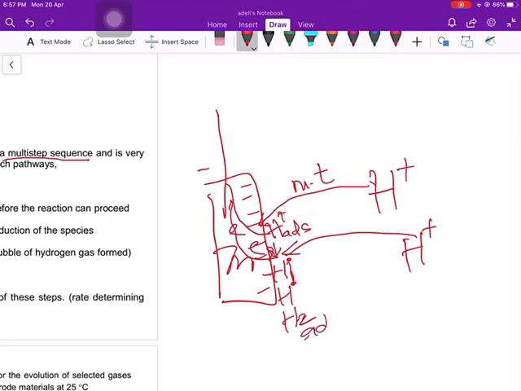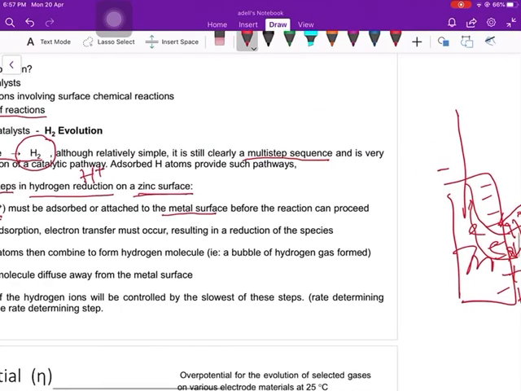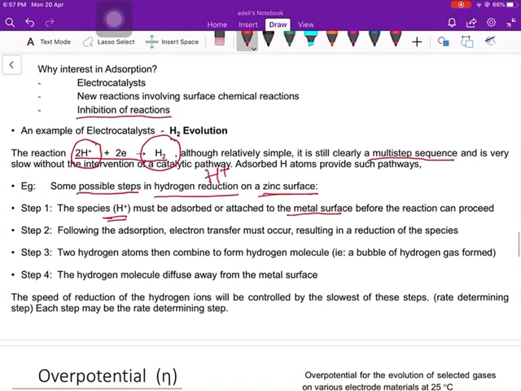This is still adsorbed at the surface, then slowly it will diffuse to the bulk or into the atmosphere. So these are the 4 possible steps in the production of hydrogen gas from hydrogen ions: adsorption, followed by electron transfer, then 2 hydrogen atoms or radicals combine to form hydrogen gas, then hydrogen diffuses away from the metal surface.